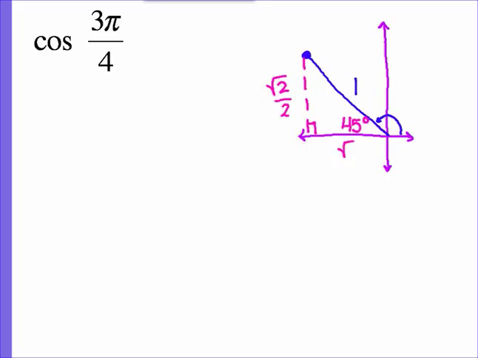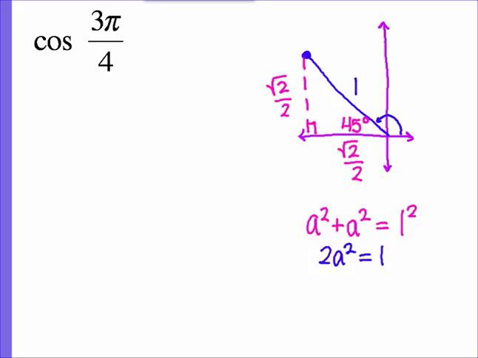Now, come test time, if you have a total brain lapse and you forget, there is a way to do the 45, 45, 90s. And what you would do is just a squared plus a squared equals 1 squared, because you know the sides are the same in a 45, 45, 90. So I get 2a squared equals 1.